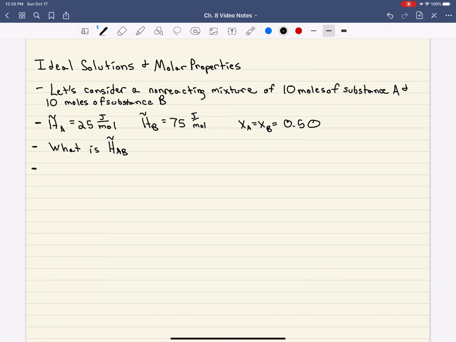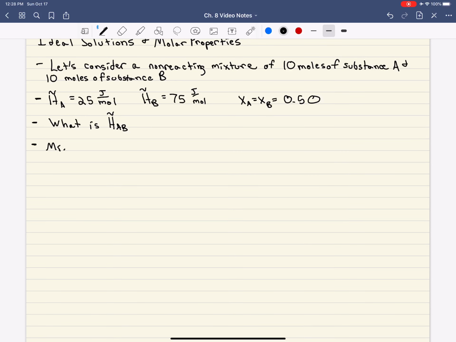Now, based on our intuition, based on problems that we've done involving steam tables and when we're handling steam quality and things like that, intuitively, you may expect the molar enthalpy of the mixture to just be a weighted average of the pure component molar enthalpies. So you might expect it to be a weighted average of HA and HB. Okay?